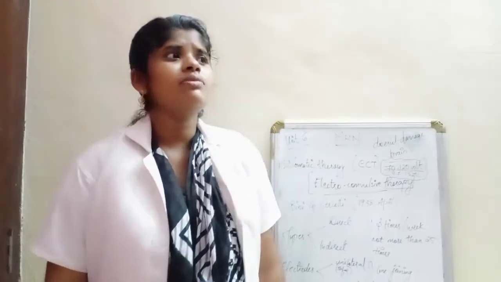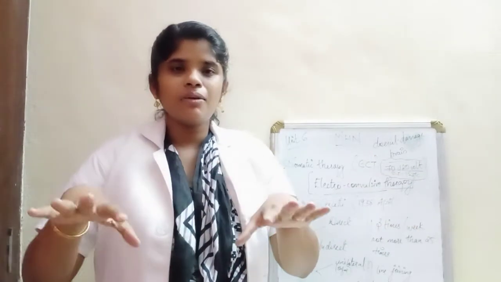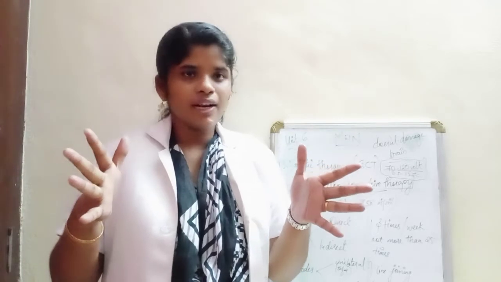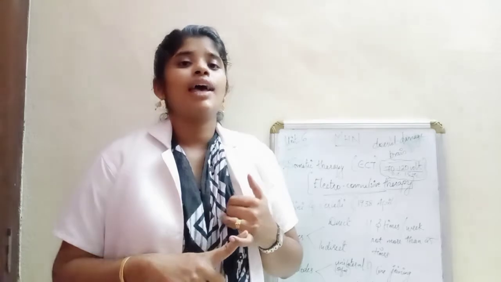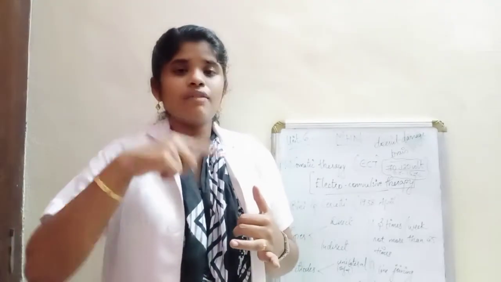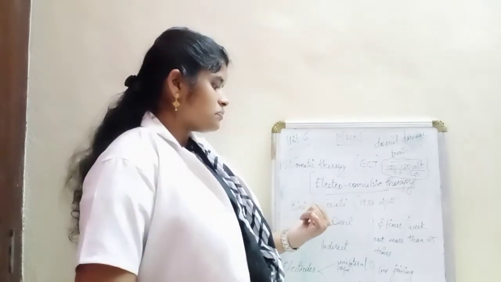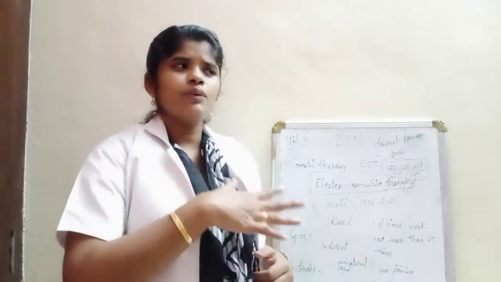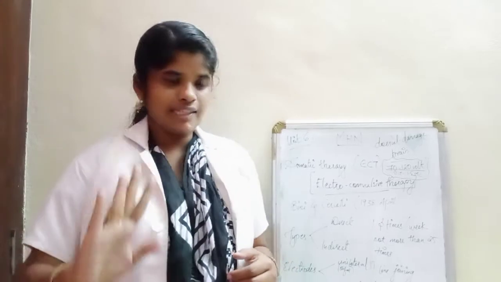In films, you might have seen them bringing the patient, making them lie down and giving shock, right? That is known as direct ECT. Giving direct current to the patient without muscle relaxant or anesthetist is known as direct ECT. It was used earlier. Nowadays, we don't use direct ECT.